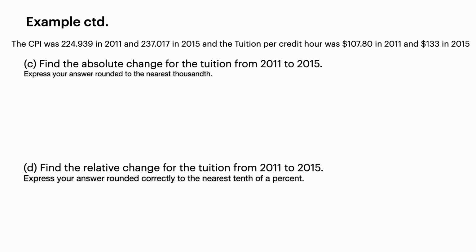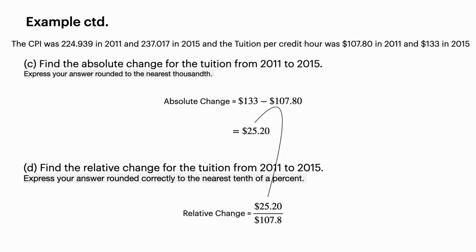So pause this video, find the absolute change for tuition, find the relative change for tuition, and then see if we get the same answers. Okay, so for absolute change, we just subtract them, $25.20. Then I take that value, I divide it by the old value, and I find 23.4%. I hope you did too.